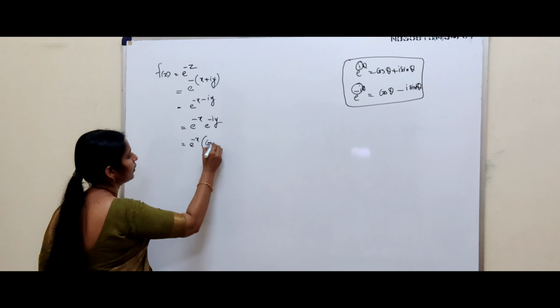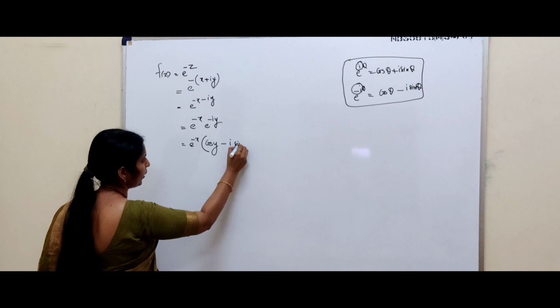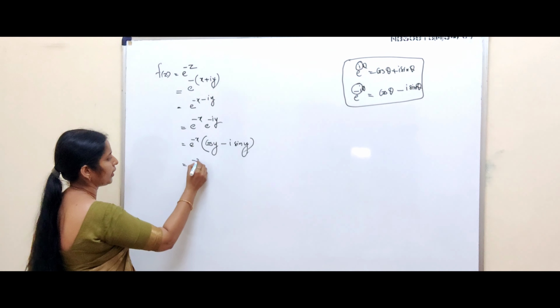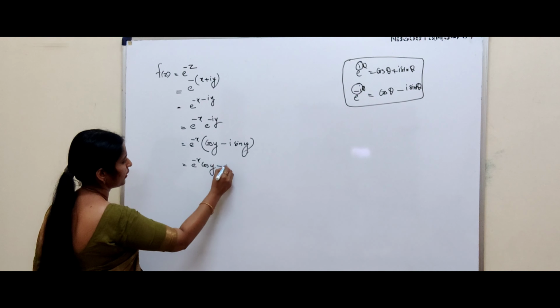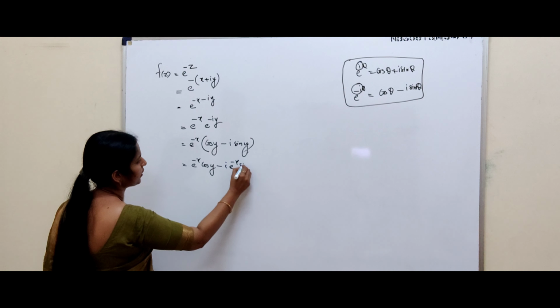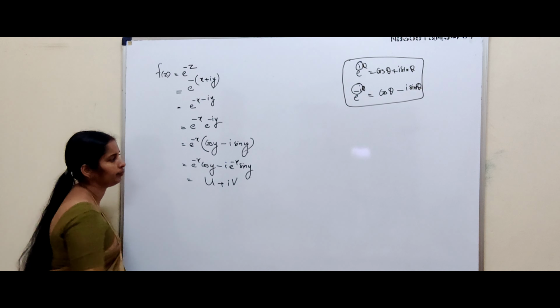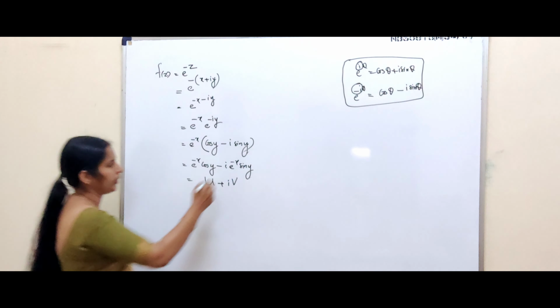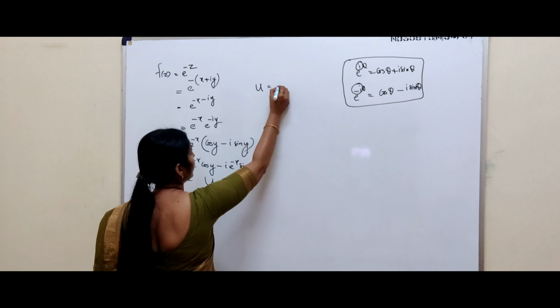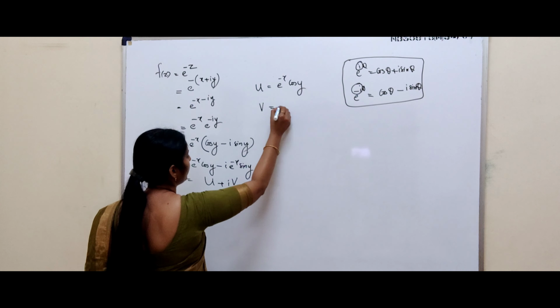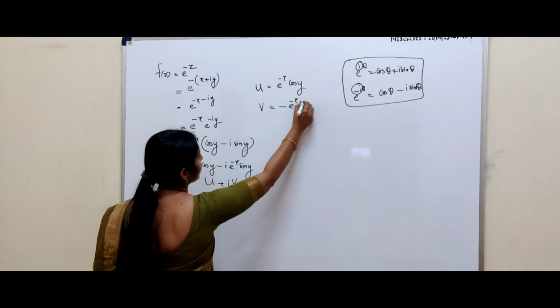So cos y minus i sin y. That is e raised to minus x cos y minus i into e raised to minus x sin y. See, it is in the form u plus iv. What is u? u is equal to e raised to minus x cos y. v is equal to minus e raised to minus x sin y.